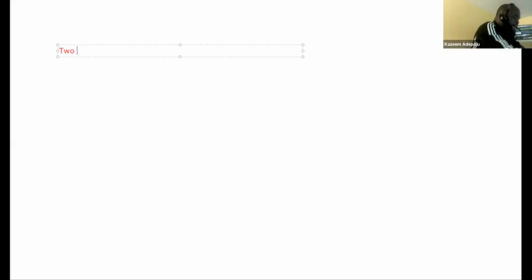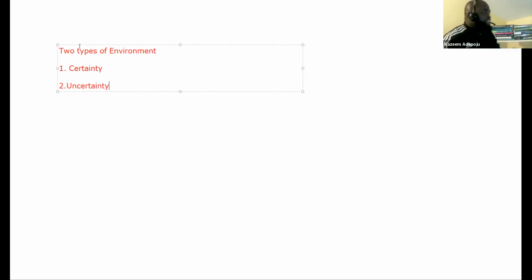So two types of environment. Generally in the world, we got two types of environments. Number one, there is the certainty environment, and we got the uncertainty environment. Now, what do we mean by certainty environment?